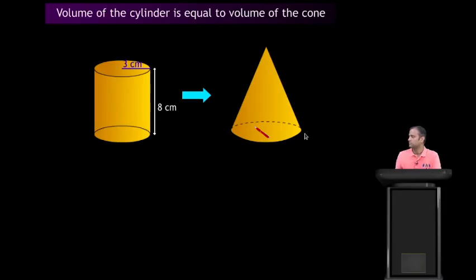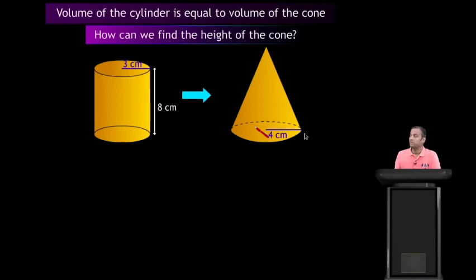So here we have, if the cylinder has 8 centimeter height and 3 centimeter radius, and the radius of the cone is 4 centimeter, from here we can find the height of the cone. How is it possible? We will use this statement: the volume of the cylinder is equal to the volume of the cone. I think you already know the volume of a cylinder. Tell me, students, what is the volume of a cylinder?